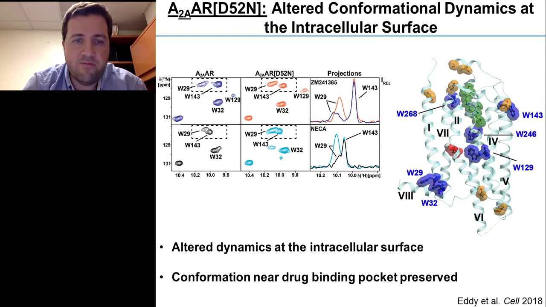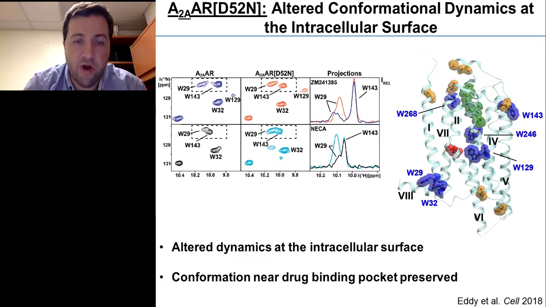Below that, we see a similar effect for the complex with the agonist, where we see a very broad signal for tryptophan 29 for the agonist complex with the native protein.